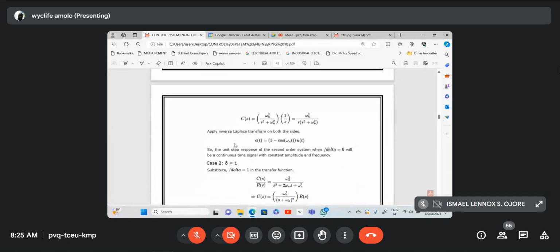And applying the inverse Laplace transform, you'll get c of t is equal to 1 minus cos Wnt multiplied by u of t. So the unit step response of the second order system, when zeta or delta is equal to 0, will be a continuous time signal with constant amplitude and frequency.